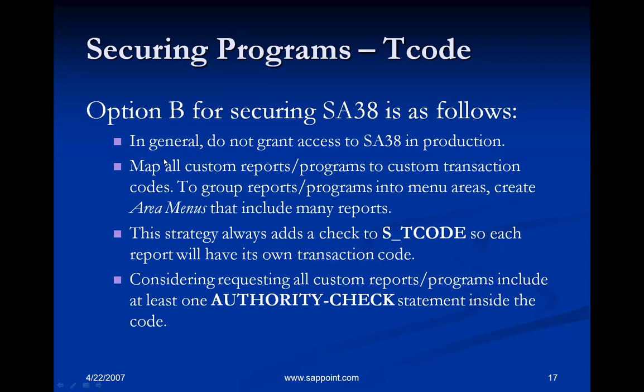If you don't assign a transaction code to the user, he or she cannot execute the transaction code and the report behind it. And like I said, the authority check statement gives an additional layer of security even if the users have access to executing the transaction code.